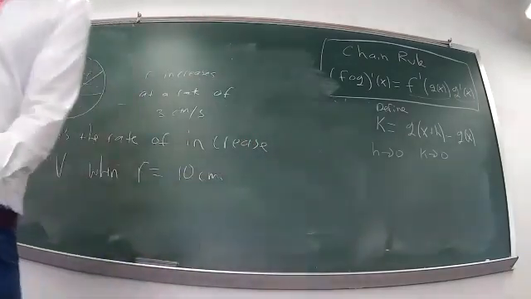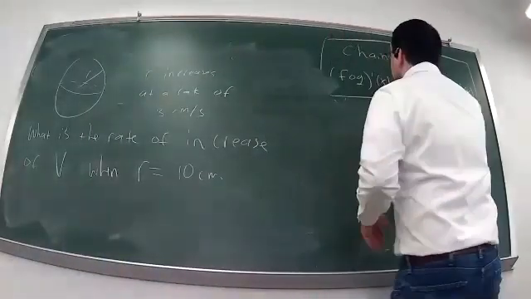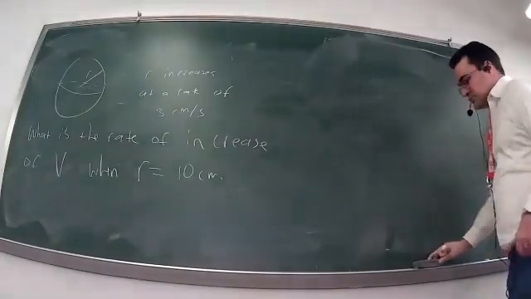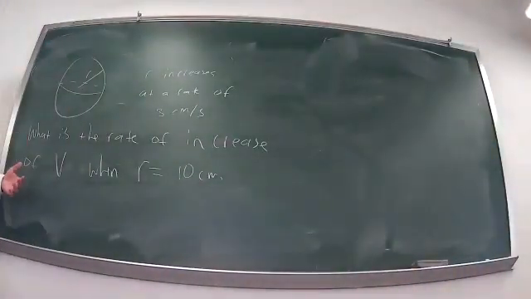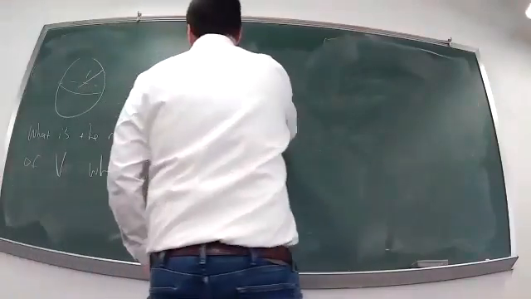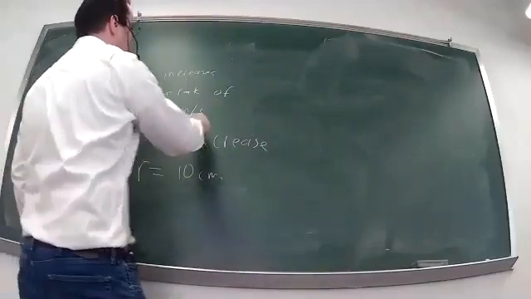So what's going on with this? Let me try to explain. You're blowing up the balloon, and so the radius is changing with time. So think about this radius increasing at a rate of 3 centimeters per second, right?